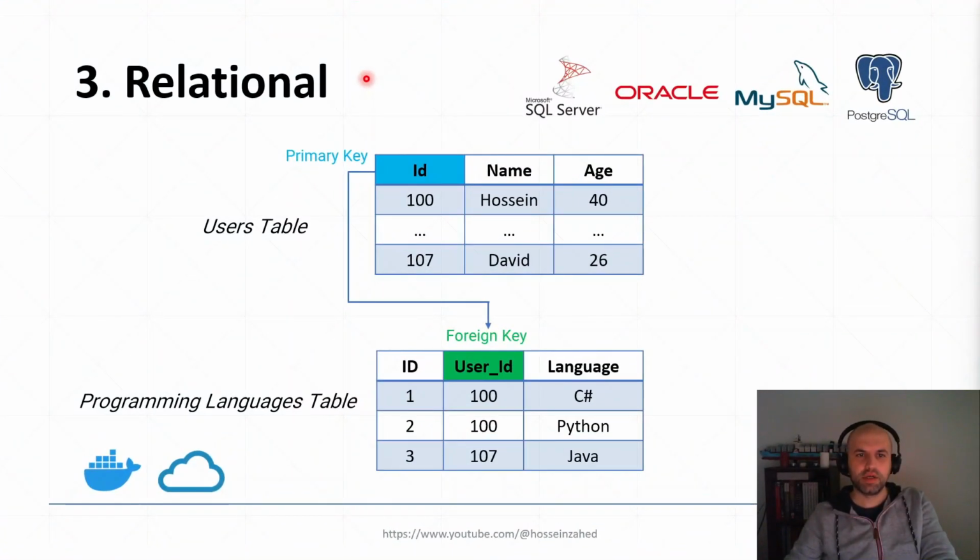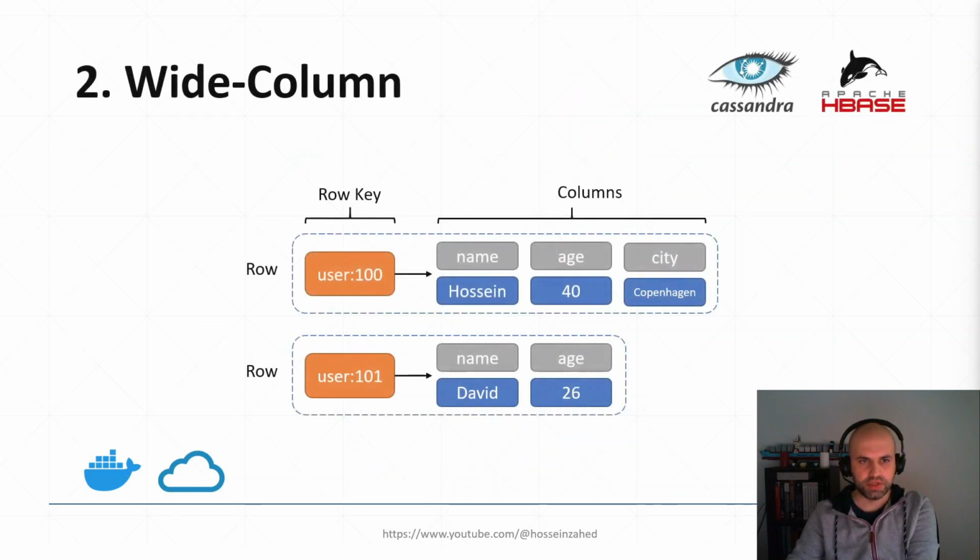The third paradigm is relational database. This is actually the most popular and also the oldest paradigm in the list. So the main idea here is that we have these connected data sets that can have relationships together. If we just go back to the previous paradigm, we somehow created a kind of table structure in each row.